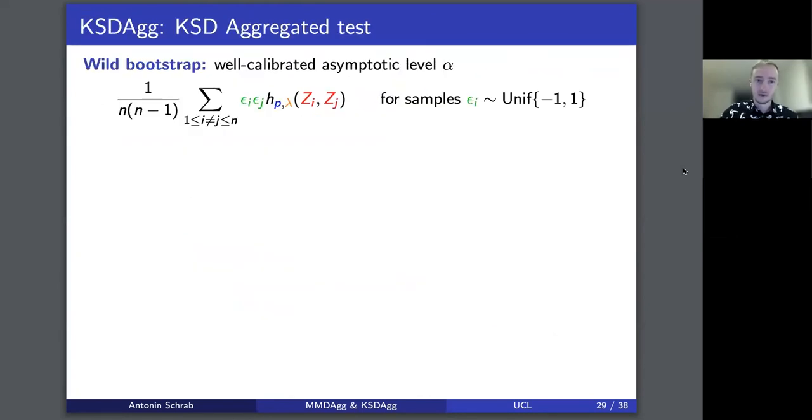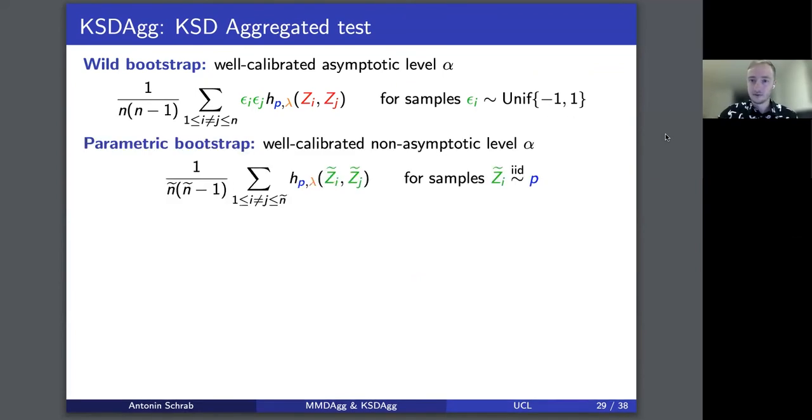So we can use a wild bootstrap exactly as before, but now with a Stein kernel. We sample some epsilon_i from Rademacher variables, which take values -1 or 1 with equal probability. And we can also do a parametric bootstrap. The parametric bootstrap assumes that we're able to sample from our model P, which might not always be the case, because to run the KSD test, we only need access to the score function.